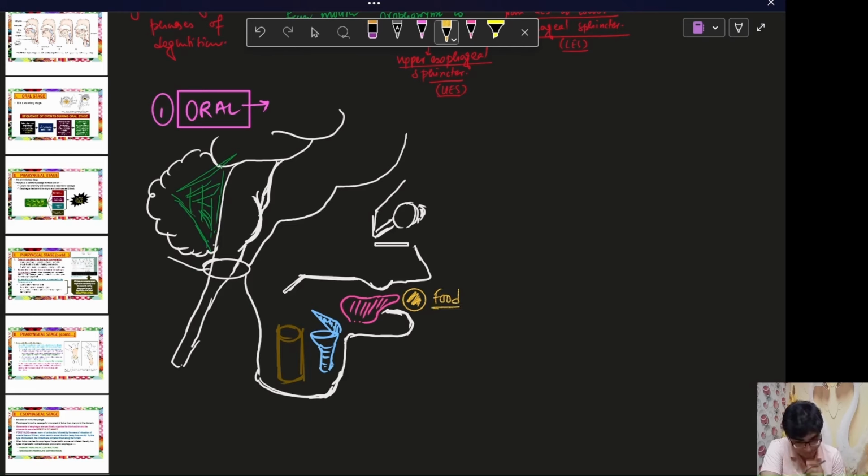This is the food. Now, when food is actually coming inside my mouth, what happens? Firstly, the food is being chewed and mixed with saliva.